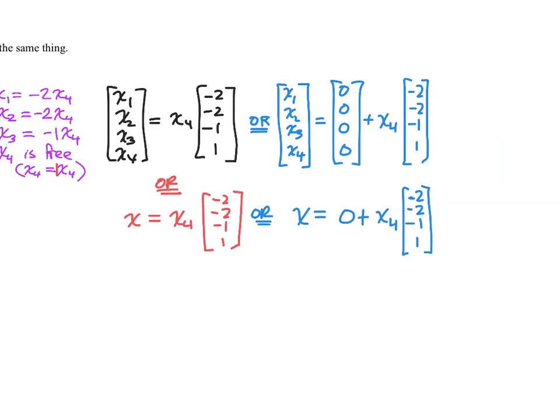Okay, so you might look at it and say, well, what on earth is the purpose of having the 0 vector included there? Really, at this point, it's more of a placeholder. It's indicating for us that there's not always going to be just a 0 vector. Sometimes it could be some non-zero vector, like 1, 2, 3, 8, or something like that, plus the free variable multiplied by the vector. All right?